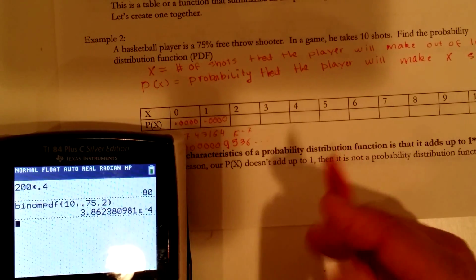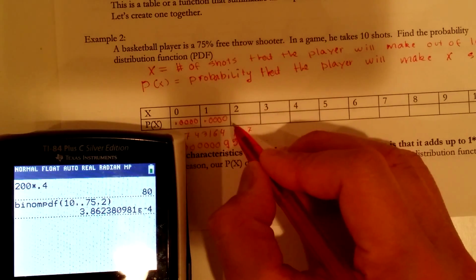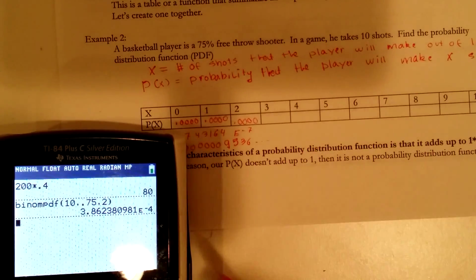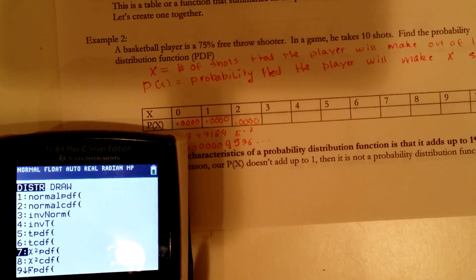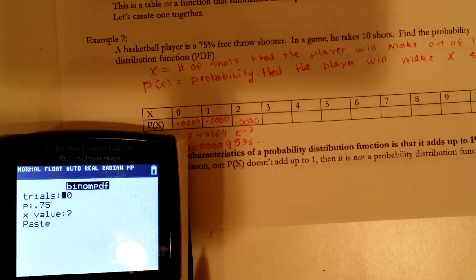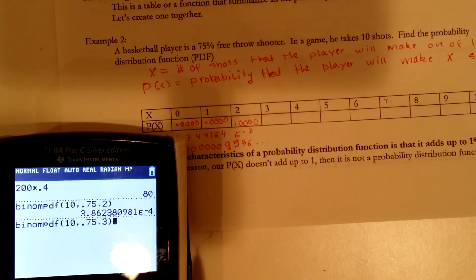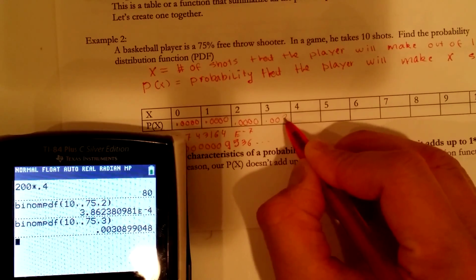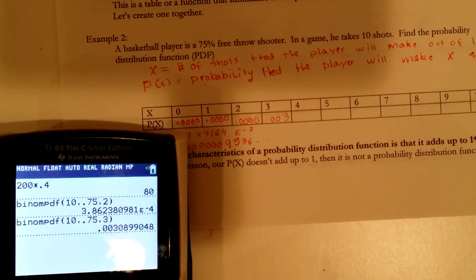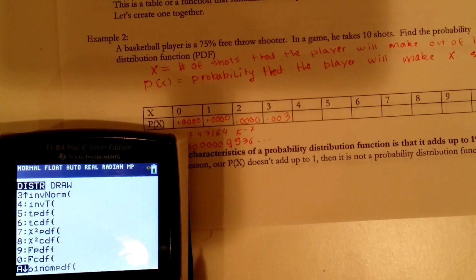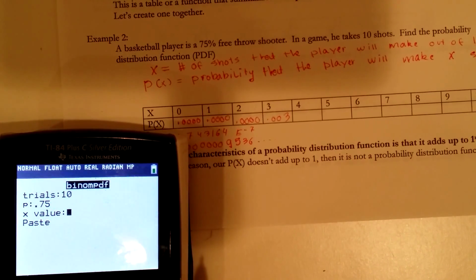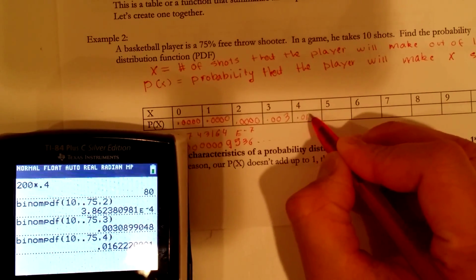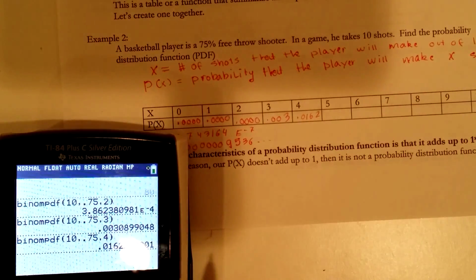This is easier if you like it like that, and it's again very small, 0.1, 2, 3, 4. That's what it's saying. Second var, option A, 3, 0.003. See how it shows up now? Second var, 4. 0.0162.